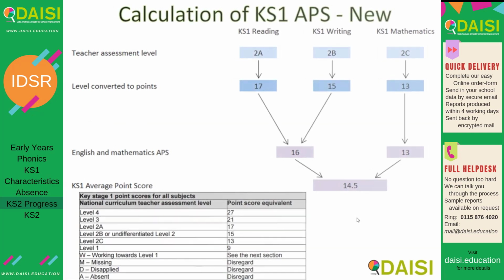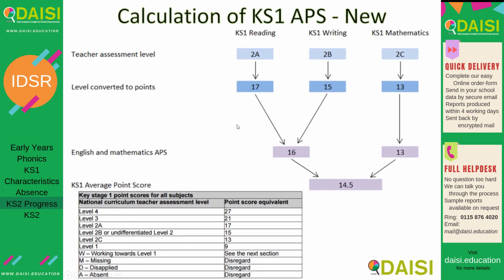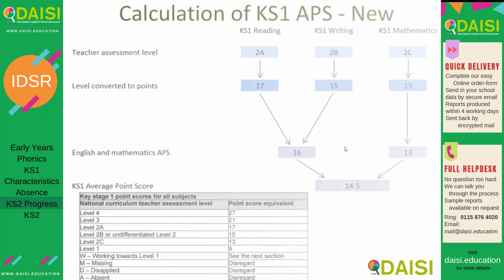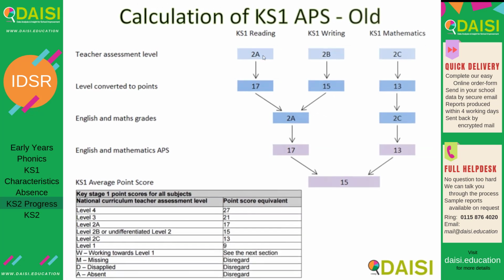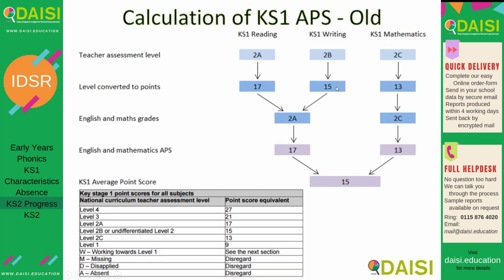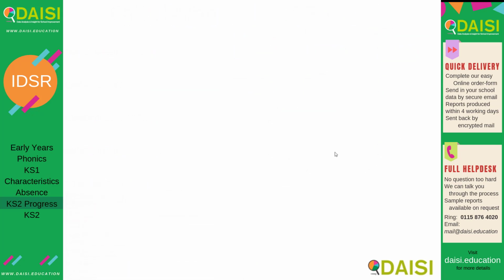The new method from 2016 is that your English mark is no longer reconverted into a grade. So what's the difference? Well, under the old version, 17 and 15 was averaged out to 16. There is no grade for 16 points. So it got converted upwards, rounded upwards to 2A. Under this new version, it doesn't.